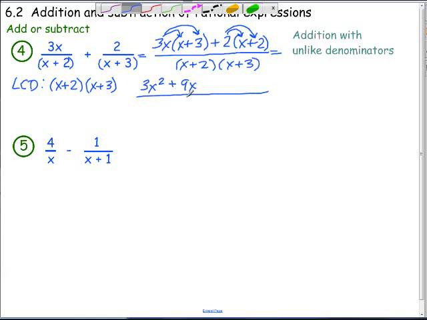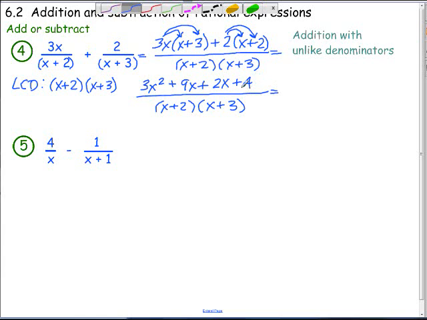So my denominator is staying just the same, x plus 2 times x plus 3, while I distributed my 3x to get 3x squared and 9x. Now I'm going to distribute the 2 to get 2x plus 4.